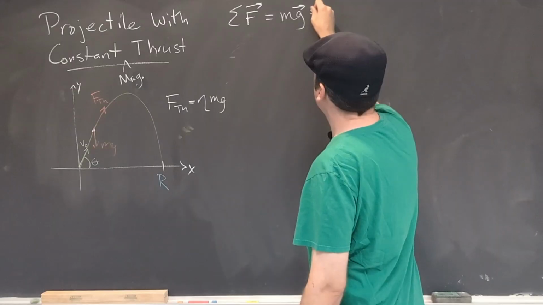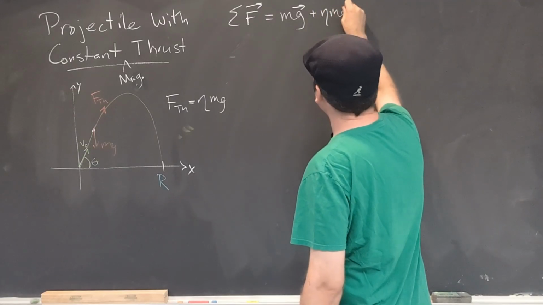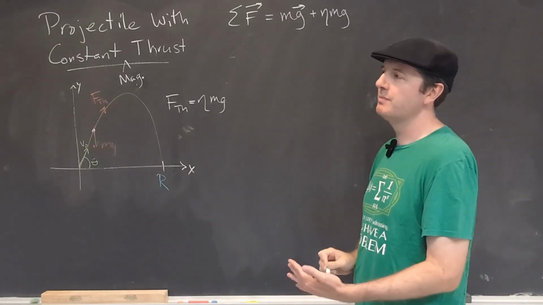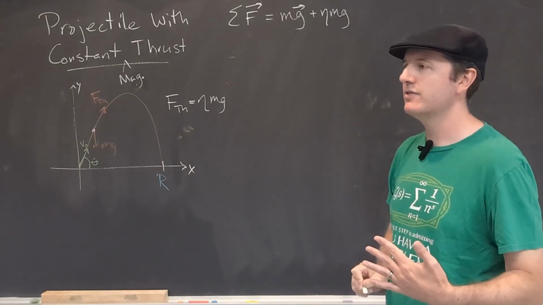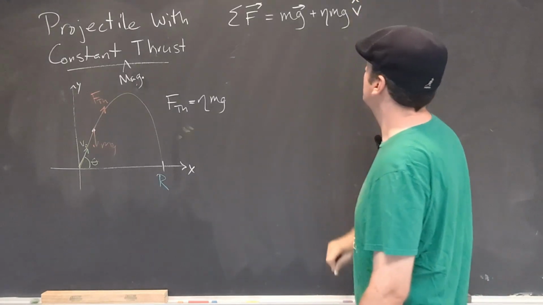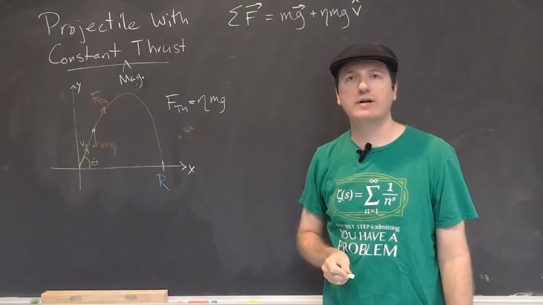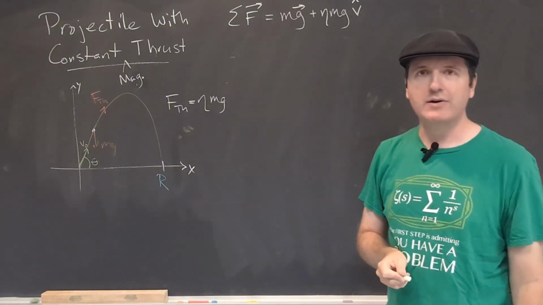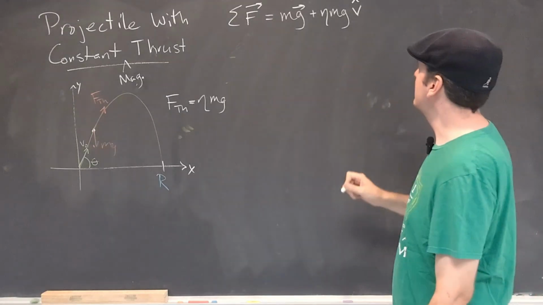And then we have this eta mg, which is the magnitude of this force, and I've got to multiply it by a direction indicating the velocity. Now I could just go ahead and put that as v hat. That's totally fine. That's the unit vector in the direction of the velocity. We'll try to do something a little better than that when we actually analyze this, but that's a good start.